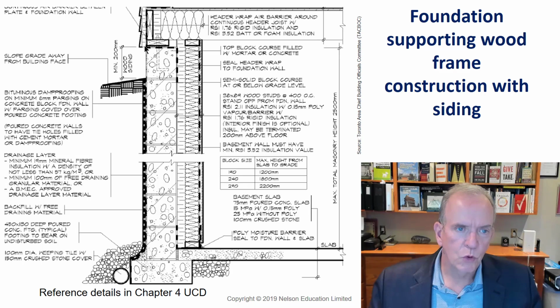So moisture doesn't rise up or snow get on your siding material and start to decay it. With brick, it's 150 millimeters, as you'll see. So this is for a foundation and a wall system that would use siding. It could use EIFS, exterior insulated finish systems, or stucco, as you would probably think of it.